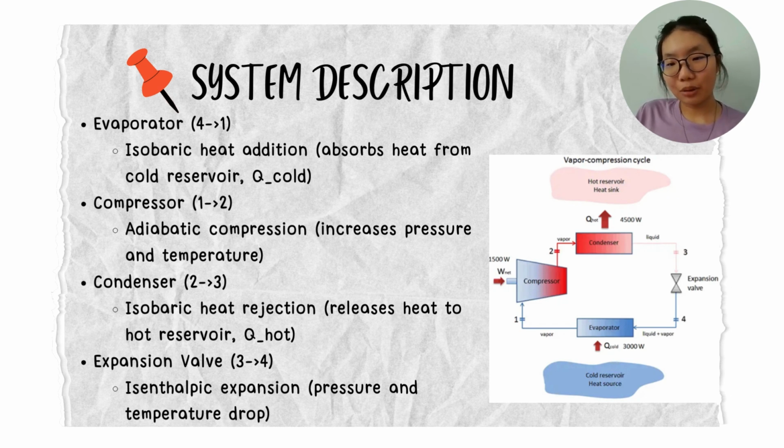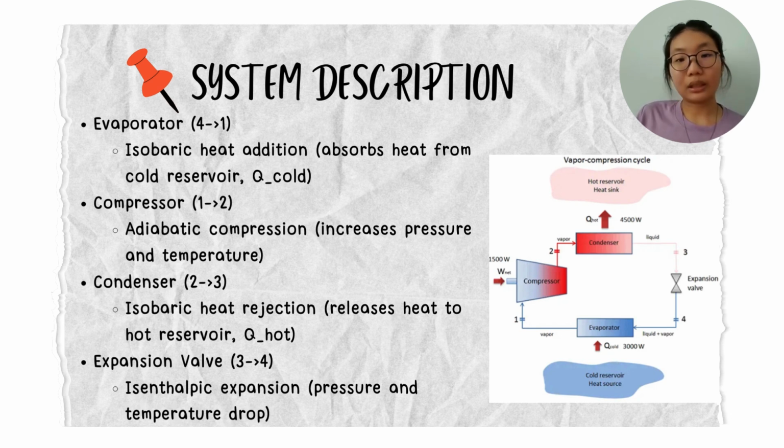Okay, so next we'll go for the compressor stage. The compressor stage is from stage 1 to stage 2, and in this stage it is in an adiabatic compression condition, which means that Q loss or Q gain is equal to zero and entropy is constant.